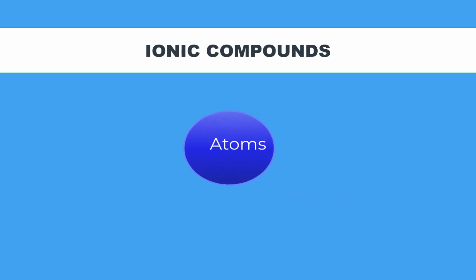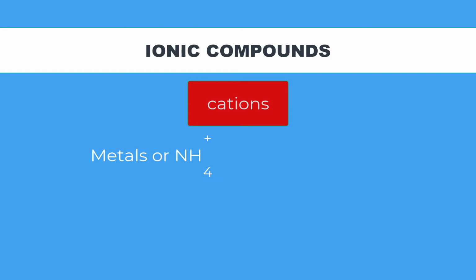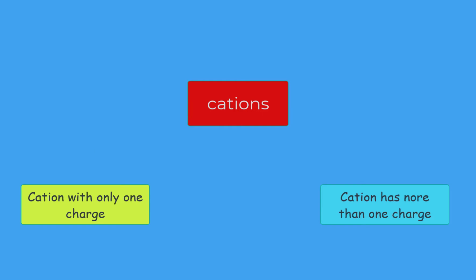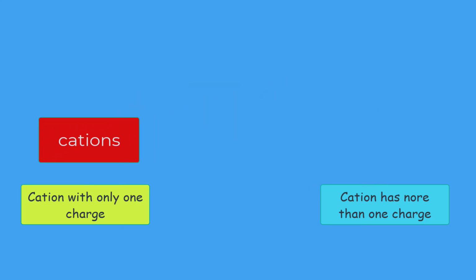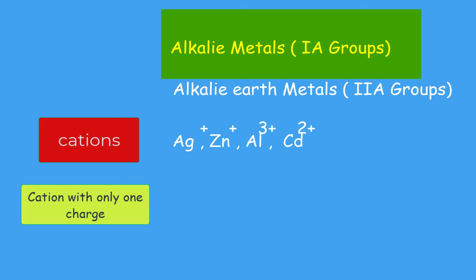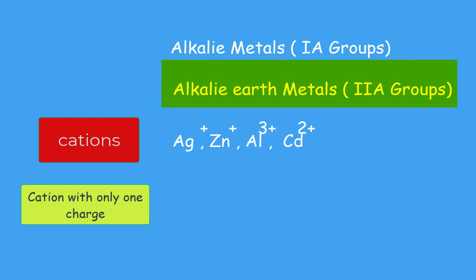We will start with cations from metals that have only one charge. They come from groups 1A, 2A, and additional elements such as silver, zinc, aluminum.